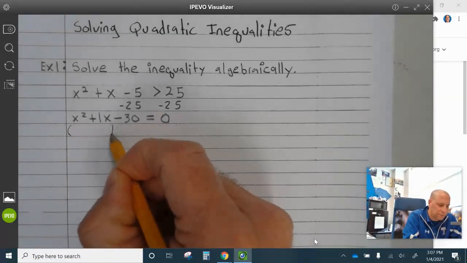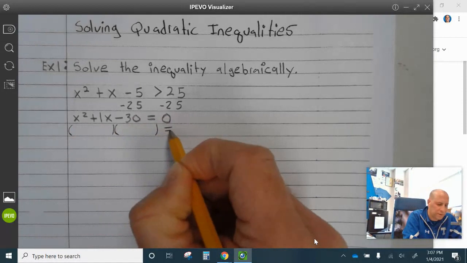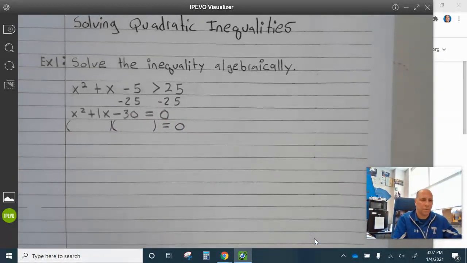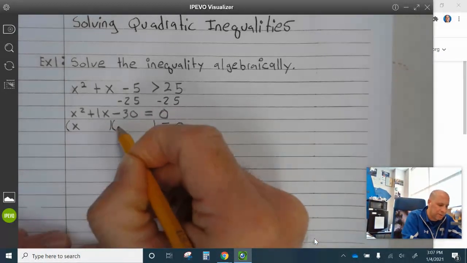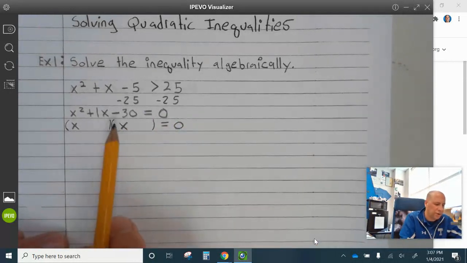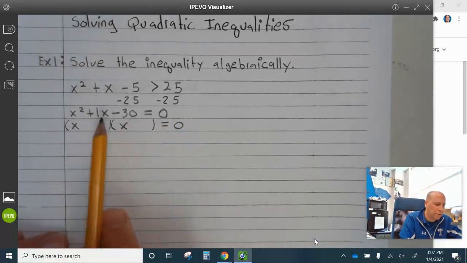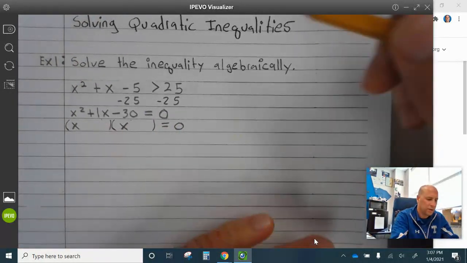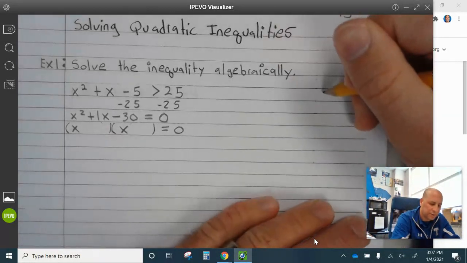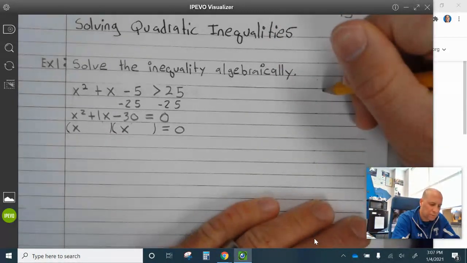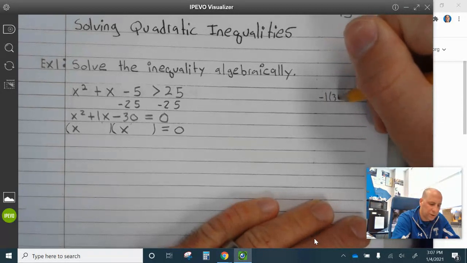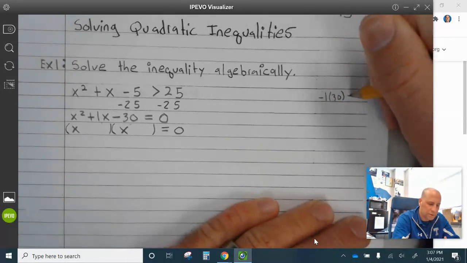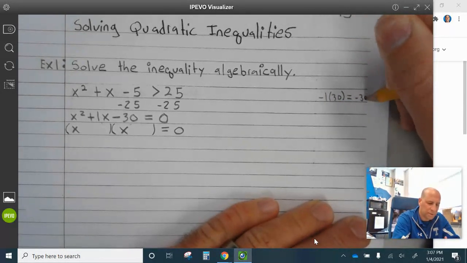So parentheses, parentheses equal to 0. We know x and x makes x squared. Now we need to find all the numbers that multiply to give you negative 30 and combine to be 1. So we know that negative 1 times 30 is negative 30.